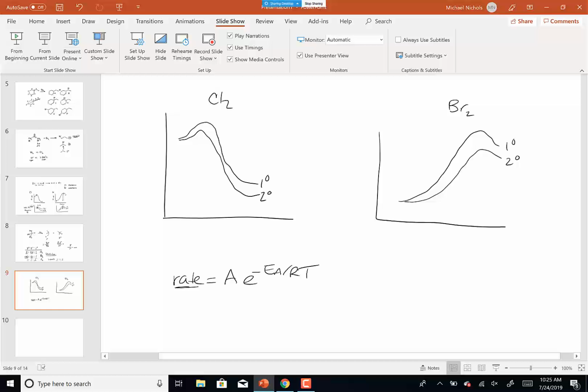Or better yet, equally fast. It won't be exactly the same, but it'll be pretty close. So when you get to about 300 degrees Celsius, the mathematics of the Arrhenius equations say that the relative rate of primary versus secondary are going to be nearly the same. And if you go to 300 degrees Celsius, the rate of the bromination, the rate of overcoming both of those barriers, is going to be nearly the same.